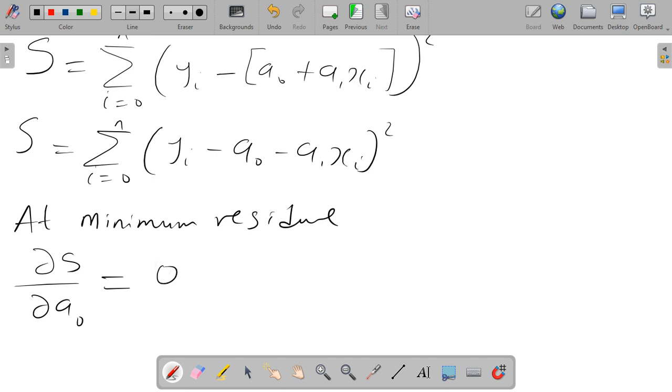Please take note of that. And the partial s over partial a1 will be equal to 0. So that is how to minimize your residue. So let us do that and then we are good to go.